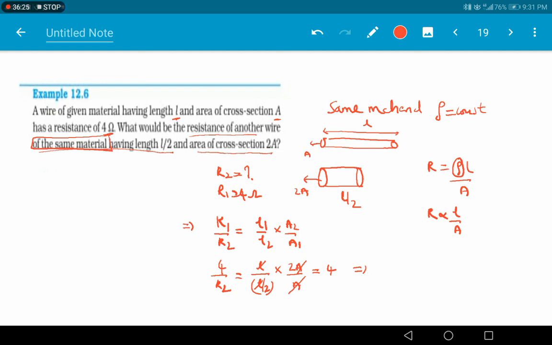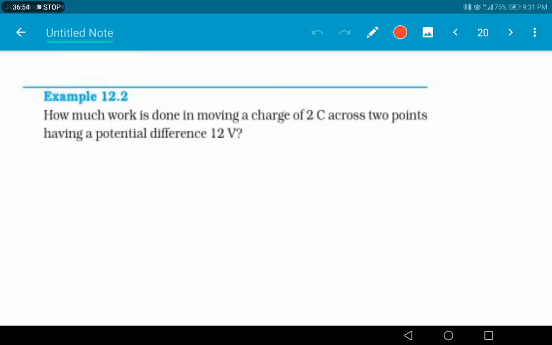So R2 is equal to, what are we going to get? 4 by 4, that is 1 ohm is the resistance of the other conductor. This goes into the numerator, so 2 into 2 becomes 4. The intermediate step will be 4 by R2 equals 4, so R2 equals 1 ohm. Right, let us see the next question.